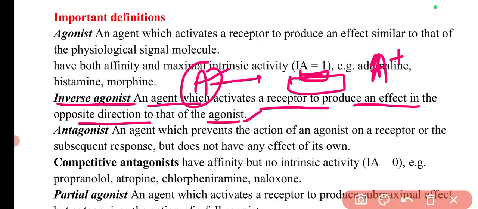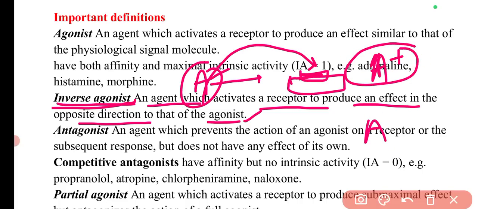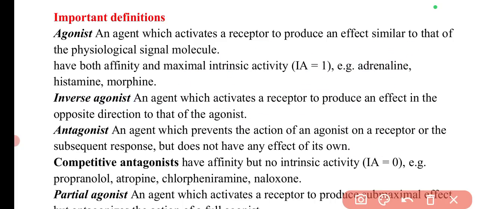But inverse agonist is the one which, again, goes to the receptor and binds to the receptor, but it will produce the opposite effect as compared to agonist. Means it will produce a negative effect. So that will be the inverse agonist.